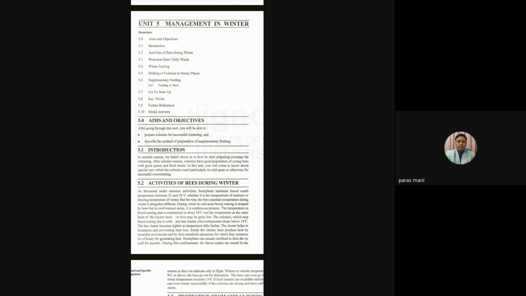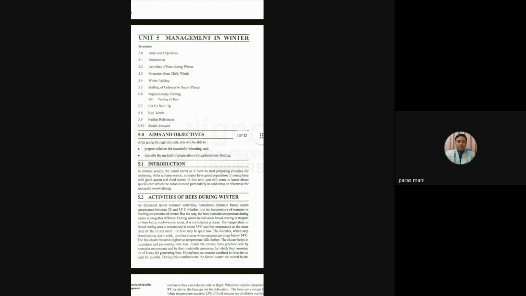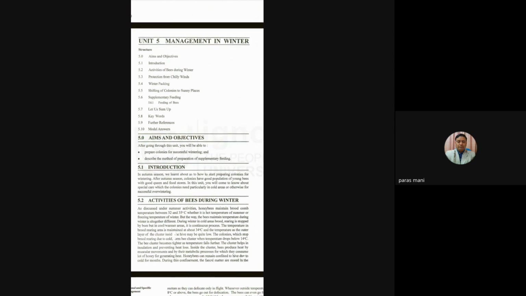If the temperature is too low, we have to shift the colonies to sunny places, and you have to take care that during noon and afternoon, exposing it to the sunlight for a long time may also damage the colony. You have to take care of that also.